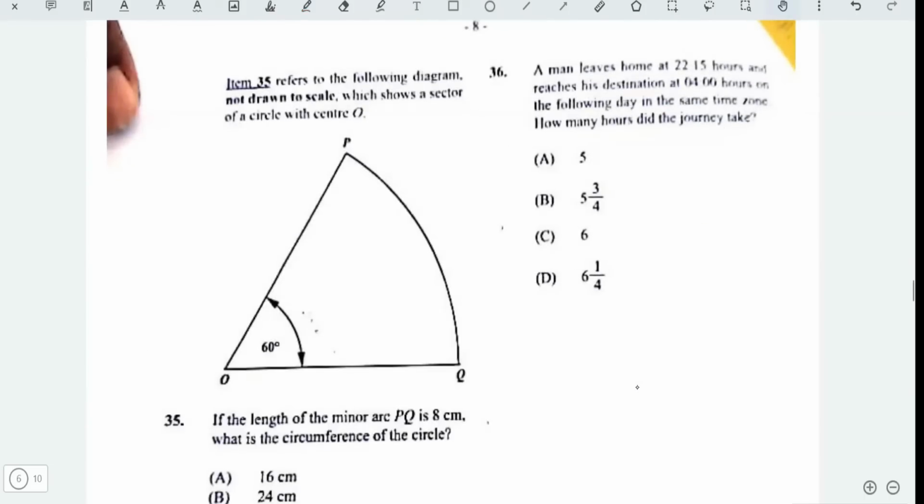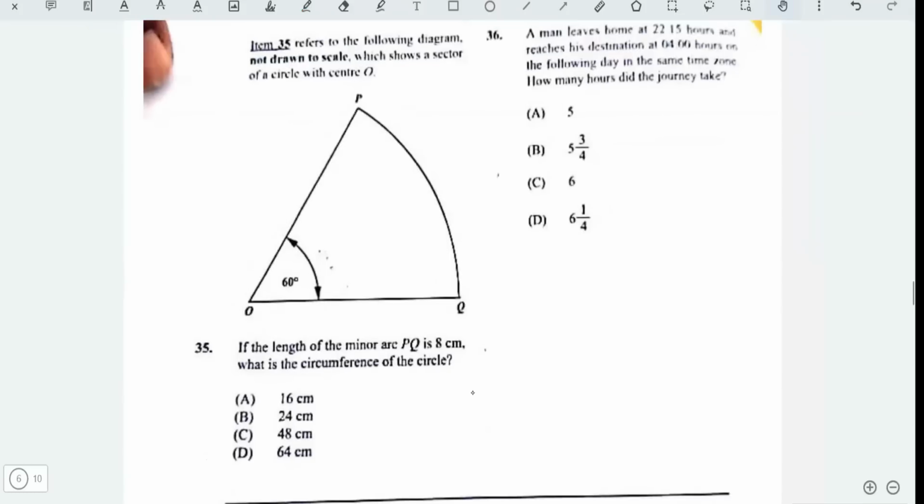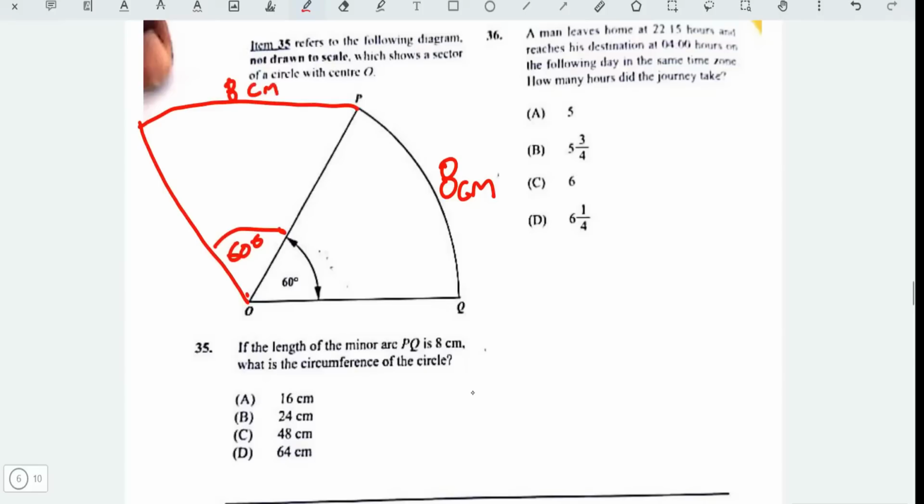Question 35 says the length of the minor arc PQ is 8 centimeters, and they ask to find the circumference. If this angle is 60, and you draw another sector here with this angle also 60, the arc length would also be 8. Draw again with this being 60, and this arc length is also 8.